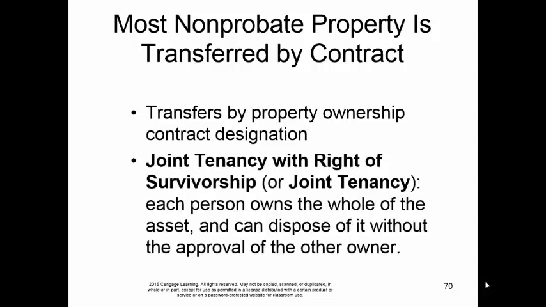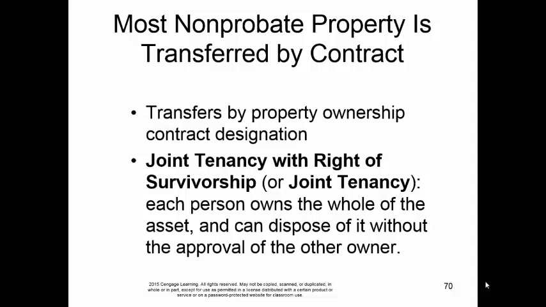You can transfer by property ownership contract designation as well. You need to make sure that it's set up with joint tenancy with right of survivorship. Each person owns the whole asset and can dispose of it without the approval of the other owner.